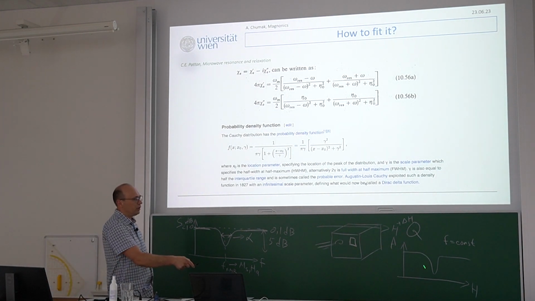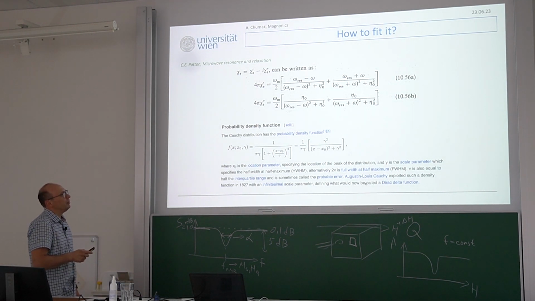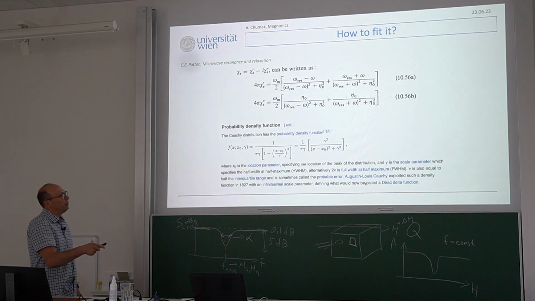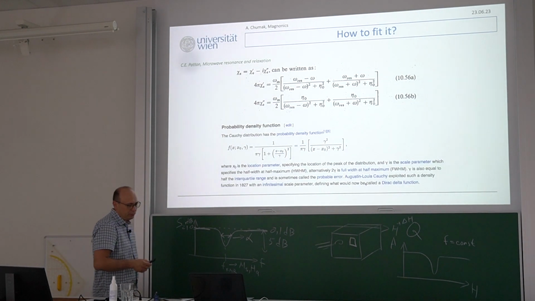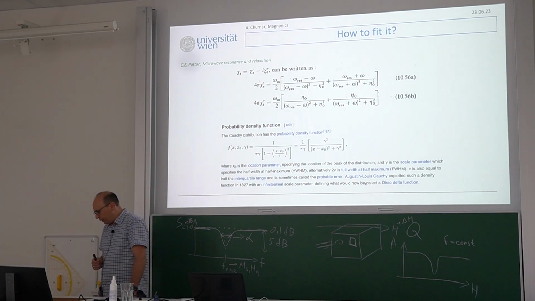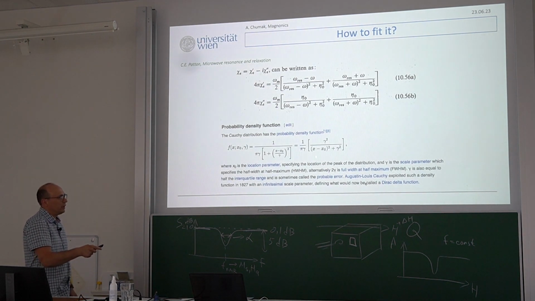Sometimes this curve is not really Lorentz; it has some more complicated shape. We'll discuss how it's done, but my message here is that you can just use Lorentz, and then you will get your value. Again, pay attention to what you are measuring. What is this gamma?